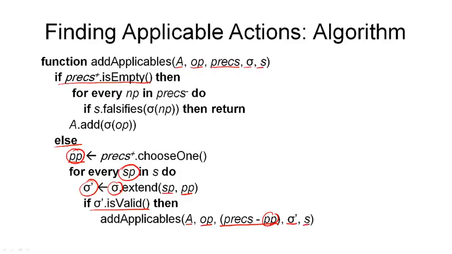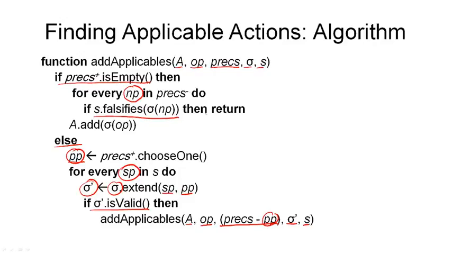We go through this loop until there are no more positive preconditions, and then we end up in the first case of the if statement. So now we've dealt with all the positive preconditions. We now look at all the negative preconditions. So we loop over NP, where NP is a negative precondition. And all we have to do is now check whether our state falsifies this negative precondition.